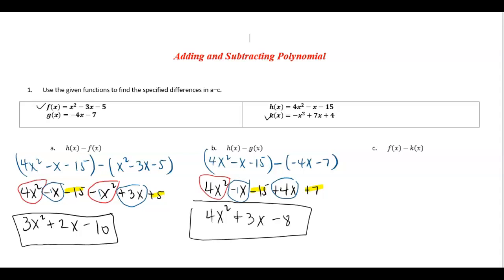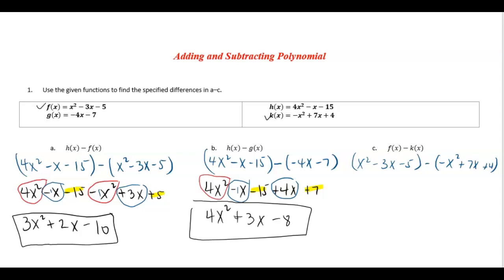So we're going to put f of x, which is x squared minus 3x minus 5, parentheses, and minus k of x, which is negative x squared plus 7x plus 4.